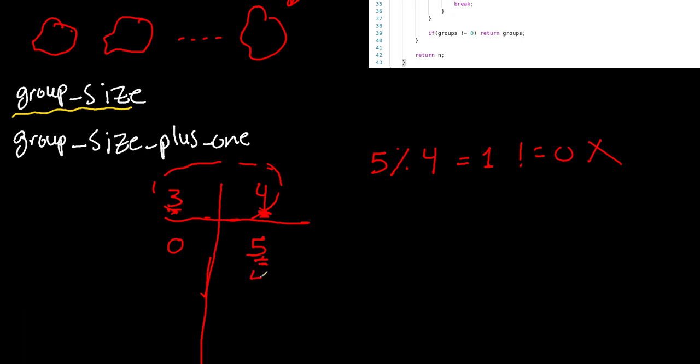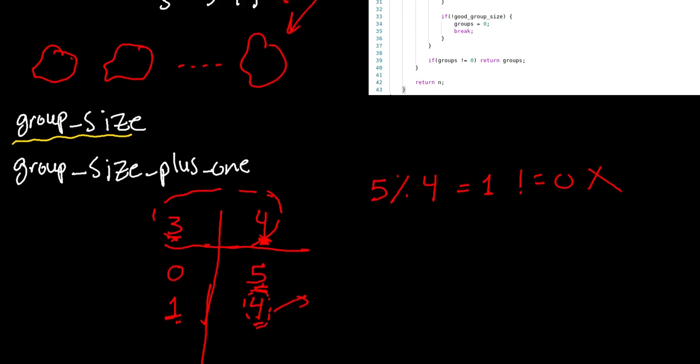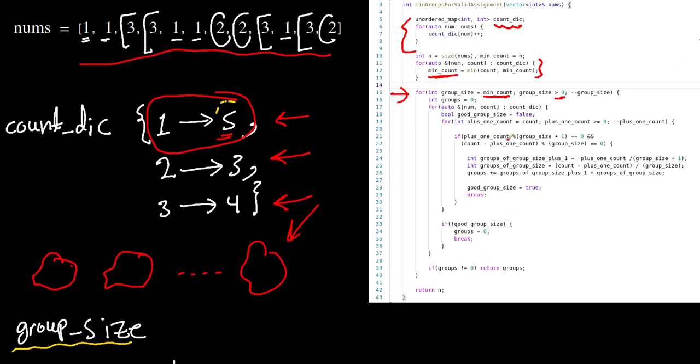Then we try with 4 and 1. Because we have count 5, we can put 4 into groups of size 4 and 1 into groups of size 3. Now, is it possible to put this 4? This is what we call in the code as plus 1 count.